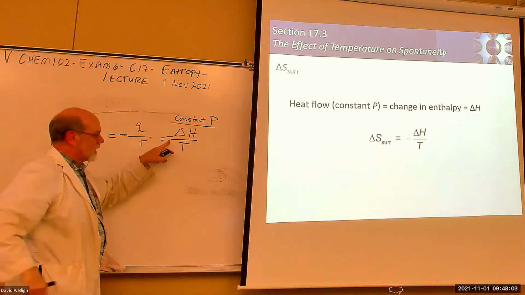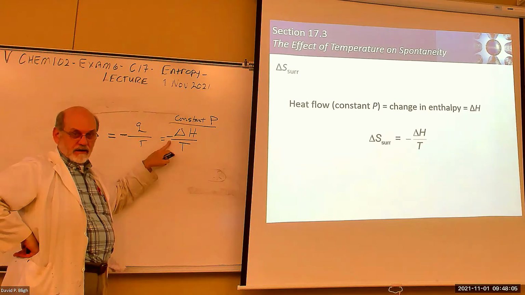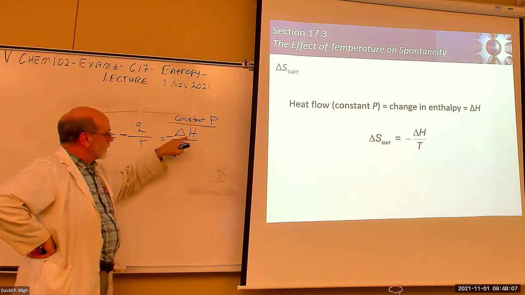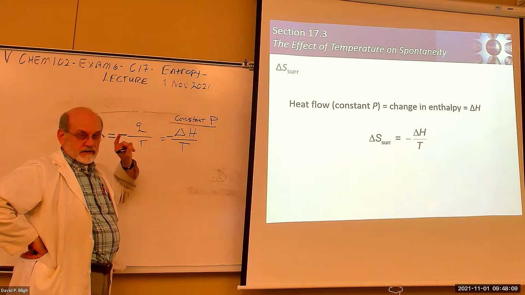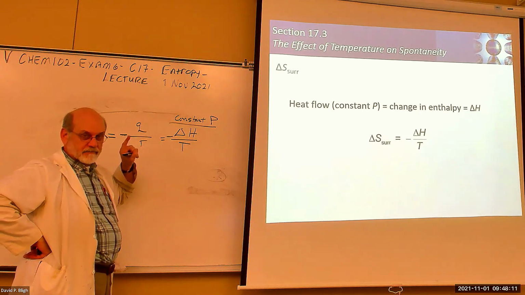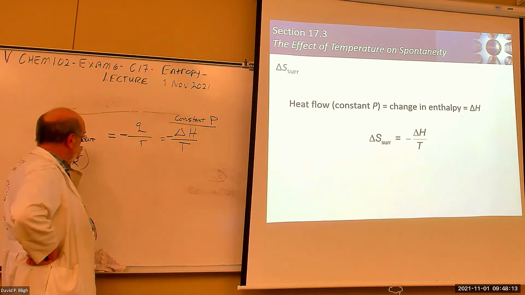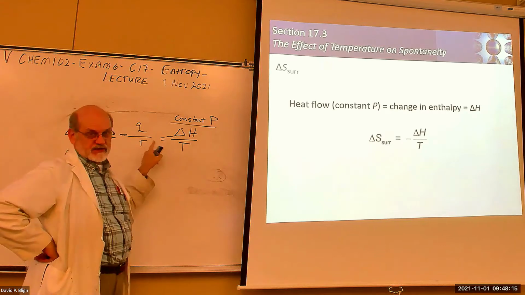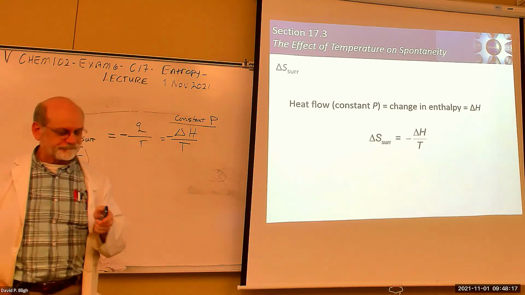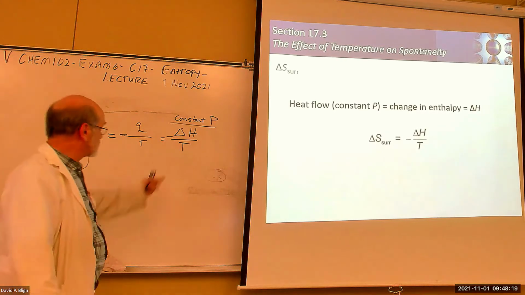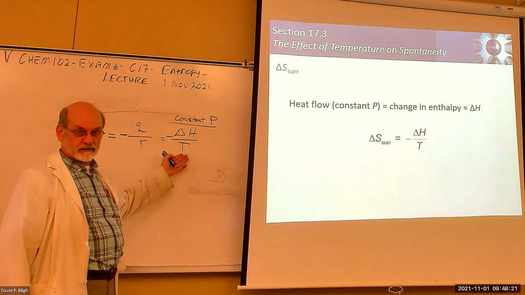Now, you understand why that negative is there, because delta H is in terms of the system. So if we're going to say something about the surroundings, we have to change the sign. Okay. And T is always positive because it's Kelvin.